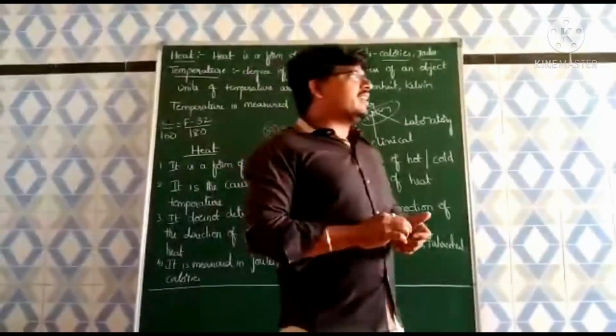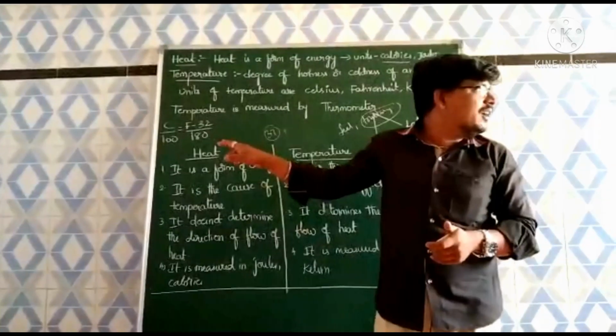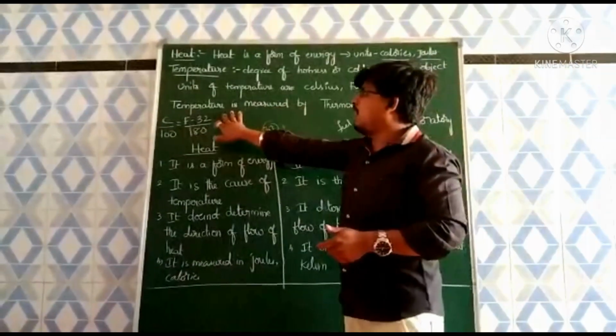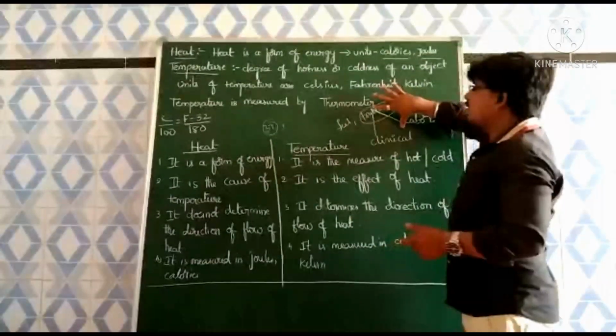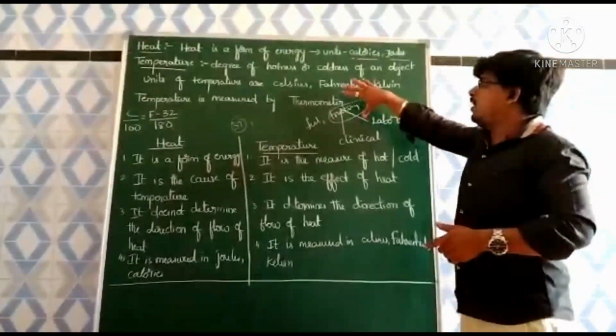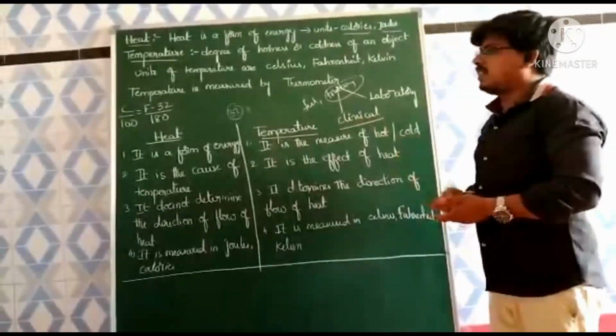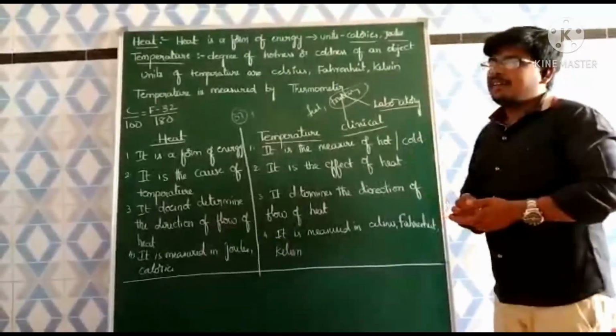In order to measure the temperature, we need a device called a thermometer. So, a thermometer is a device which is used to measure the temperature. Again, there is a classification for thermometers. Thermometers are classified into two types: one is the clinical thermometer, the other is the laboratory thermometer.